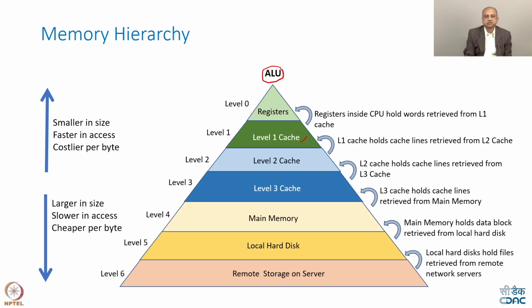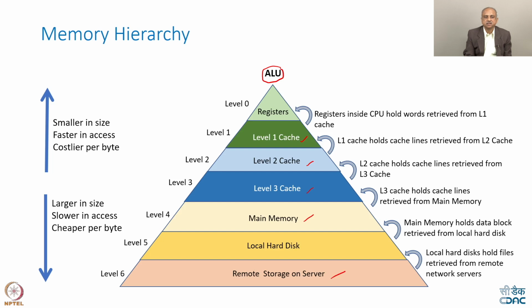A slightly slower but bigger in size are level 2 and level 3 caches, and then comes the main memory, which is implemented as DRAM. All these 4 caches, that is level 0 to level 3, are implemented as SRAM. Then you have a local hard disk where the virtual memory is implemented in the swap area, and if that space is not enough for you, you can finally go to the remote storage which is on the server.